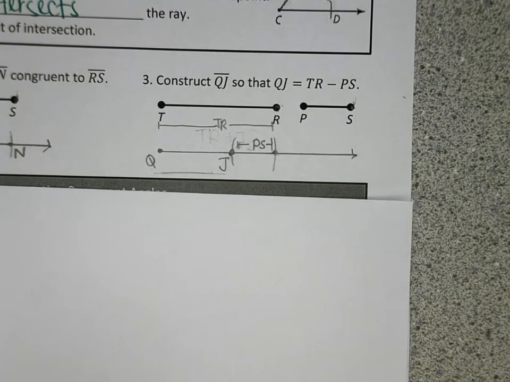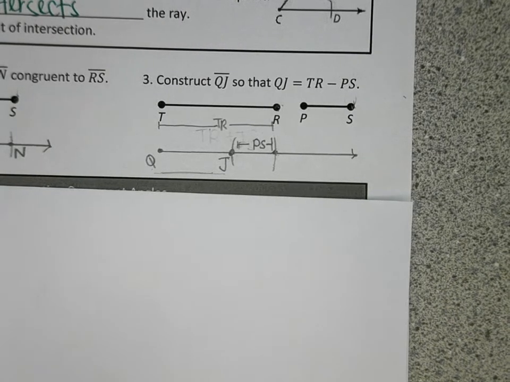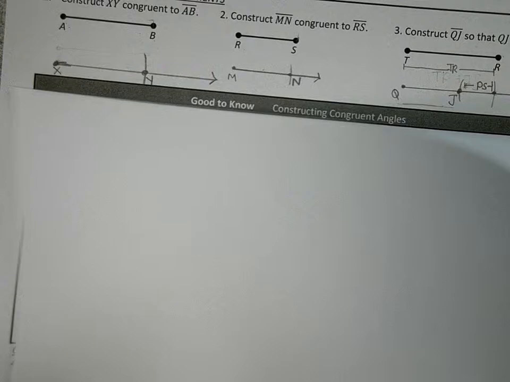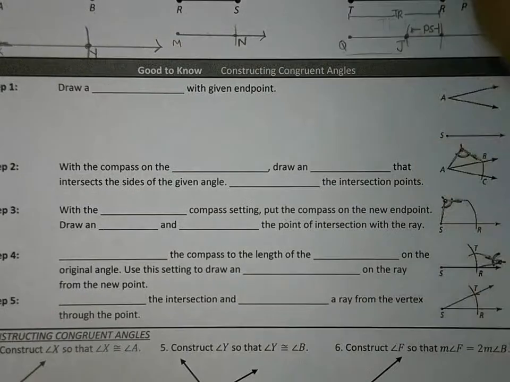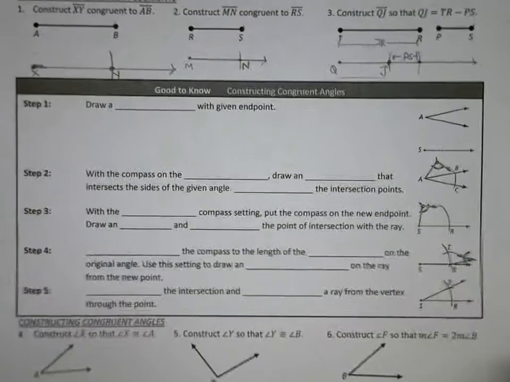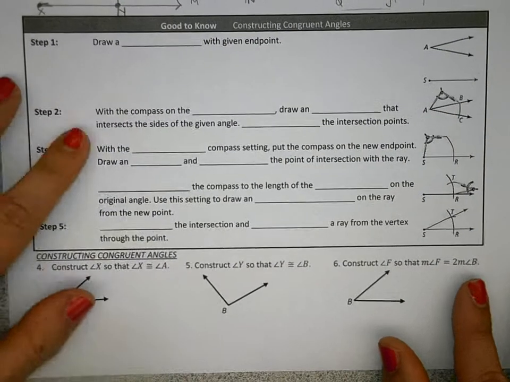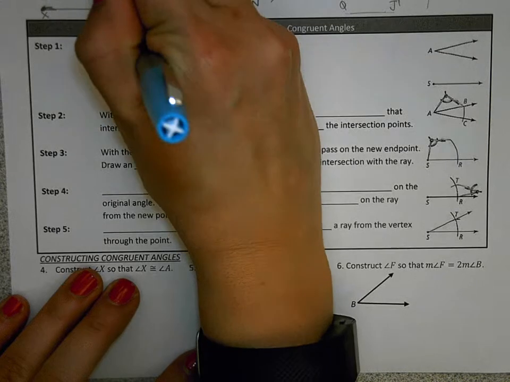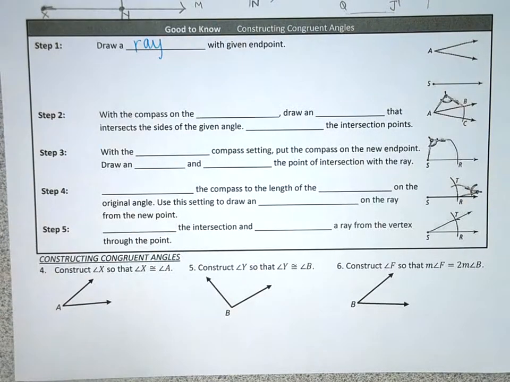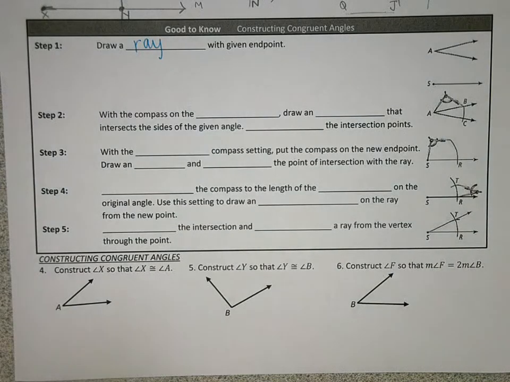All right, let's talk about copying angles. Constructing congruent angles is also very useful to us. It's a little bit more steps, but it's not too bad. I know it's a lot of words, but I just want to make sure that we have it all in there for you. So step 1, you are going to draw a ray with a given endpoint. We almost always start with an endpoint in a ray.